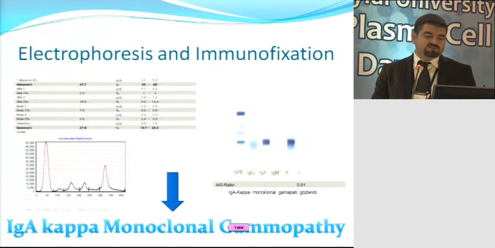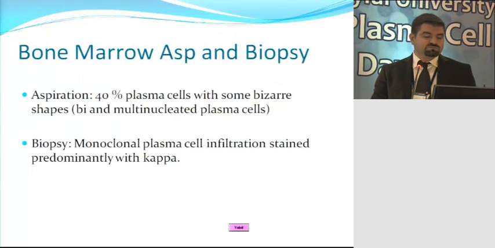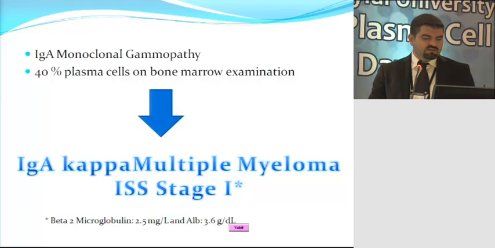The electrophoresis and immunofixation revealed an IgA kappa monoclonal gammopathy. The urine immunofixation could not be evaluated because of low protein content. The bone marrow aspiration revealed 40% plasma cells with some bizarre shapes and multinucleated plasma cells, and the biopsy revealed monoclonal plasma cell infiltration staining predominantly with kappa. With IgA monoclonal gammopathy and 40% plasma cells on bone marrow examination, he was diagnosed with IgA kappa multiple myeloma, ISS stage 1.